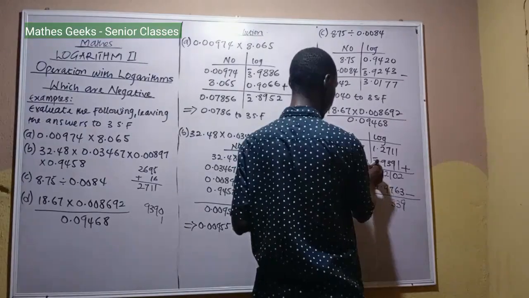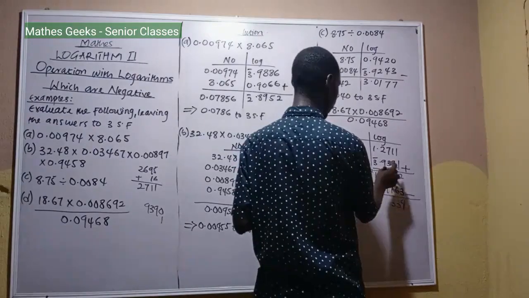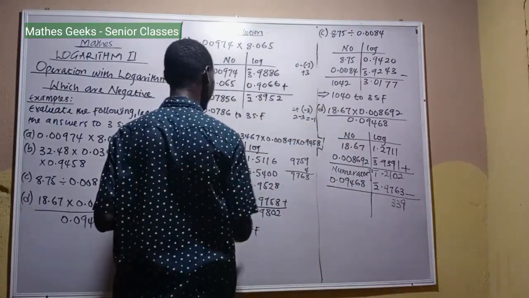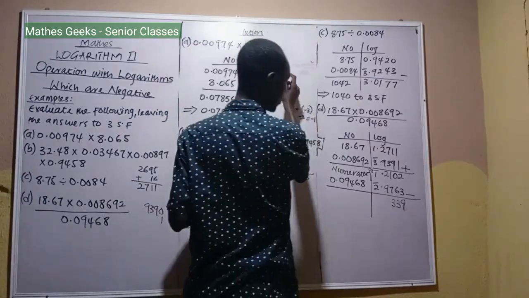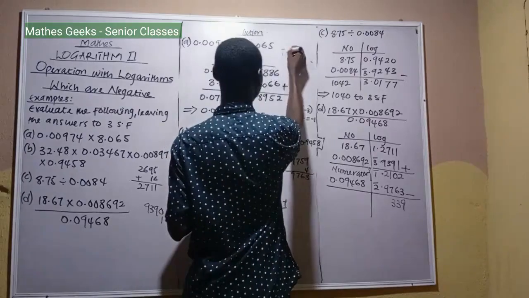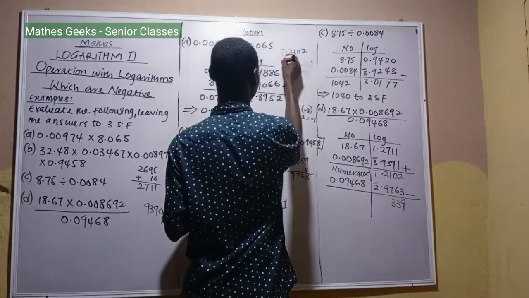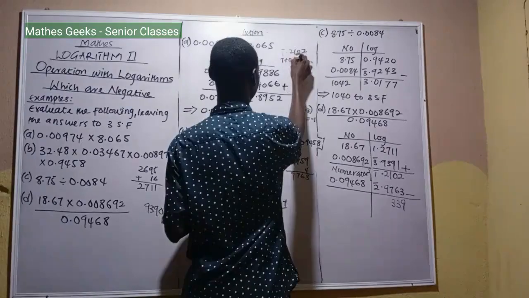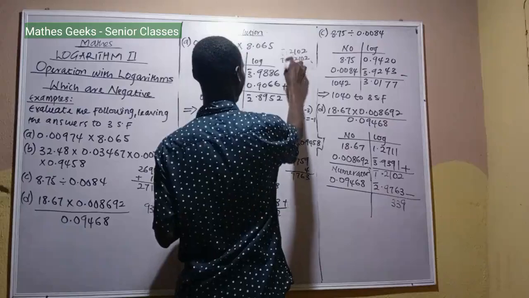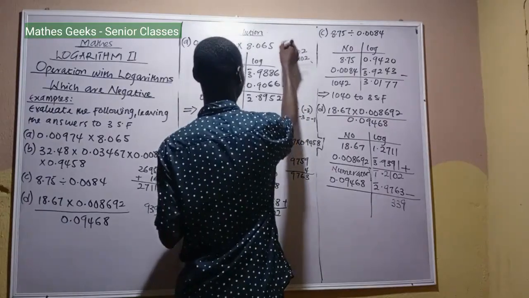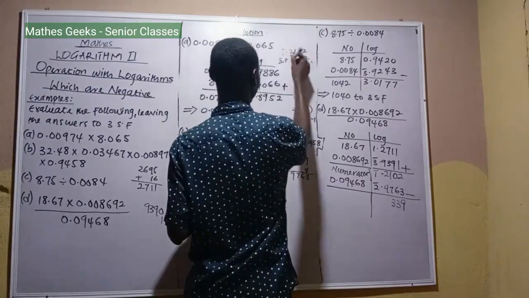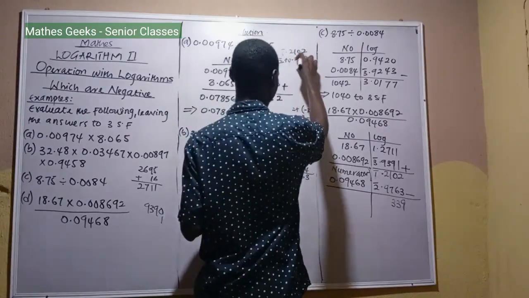So let me write it here. Bar 2, and then add 1. So remember, this can be written as bar 1. Let me write it here. So what you have here is bar 1.2102. So from here becomes bar 1 plus 0.2102. So if we subtract 1 from here and add 1, here becomes 1, and then subtract 1 from bar 1 becomes bar 2. So here borrow this 1 to this side, here becomes 0. And remember here is 1 because you borrowed from here to this point.